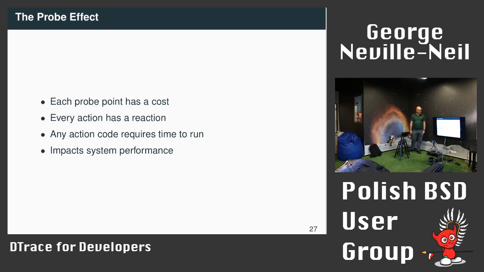But as you add probe points, you have overhead costs. When you add that action code, that C-like code, that's an interpreted language, which is compiled down to bytecode when you start it, but it's still executing bytecode. So the action code requires time to run, and it will have an impact on system performance.